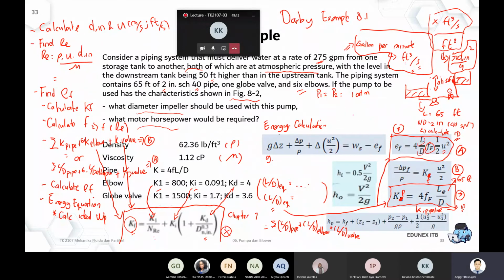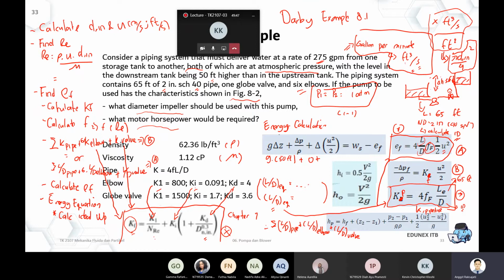So that means I will have to account the information is 50 feet, right? Yep. So that's positive. Delta P, you don't have it in this case because the delta P is 0, because both of the tanks are at atmospheric pressure. 1 minus 1, 0.